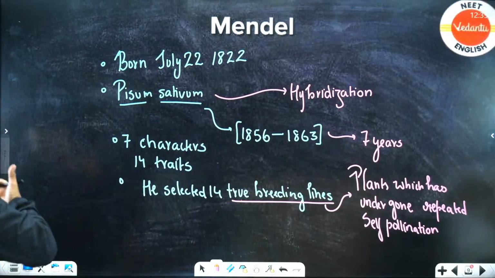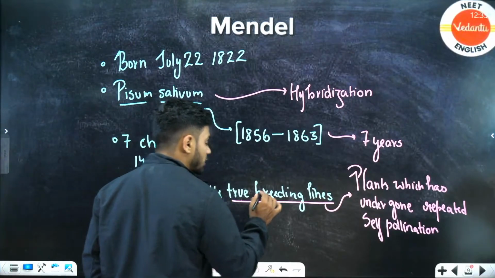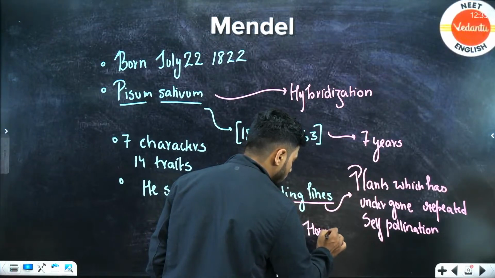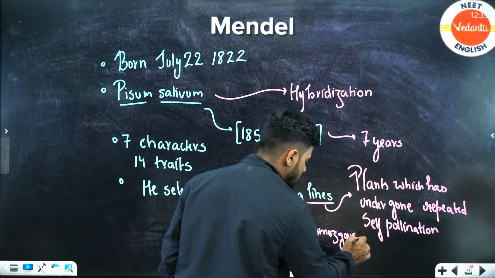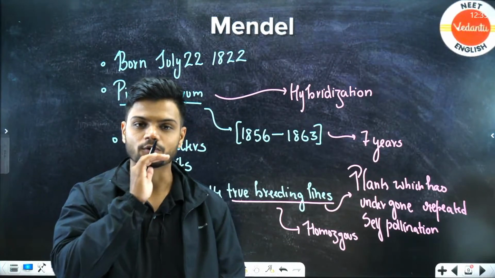They keep on self-pollinating, and we end up getting true breeding lines. And remember students, these true breeding lines are homozygous in nature. Is that point clear to all of you?